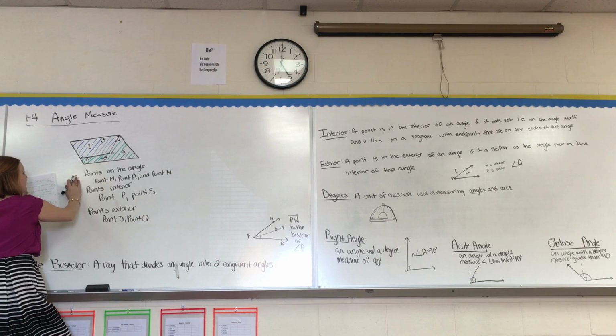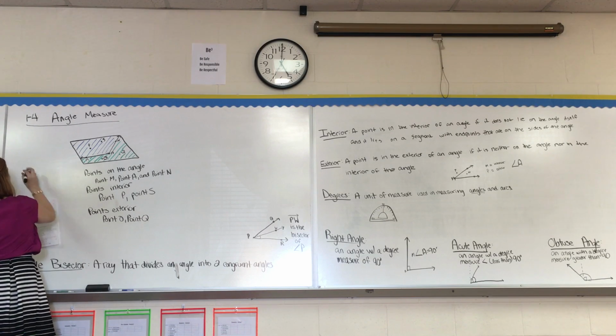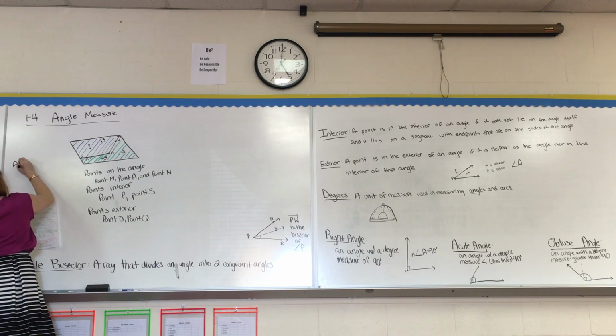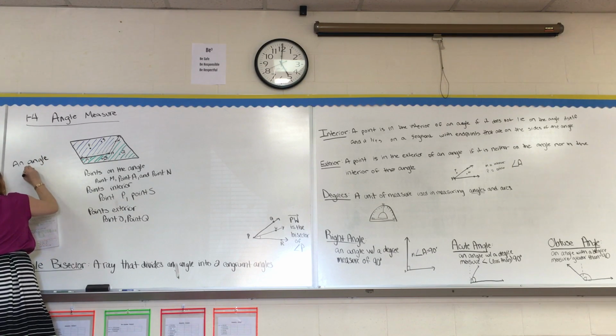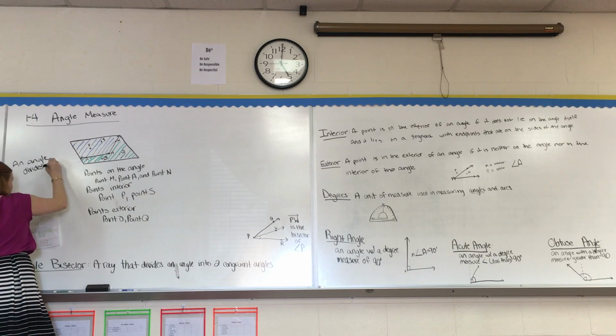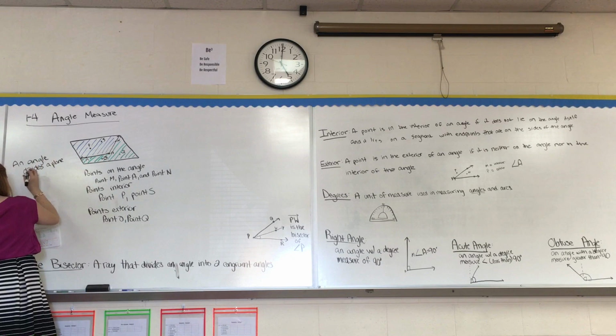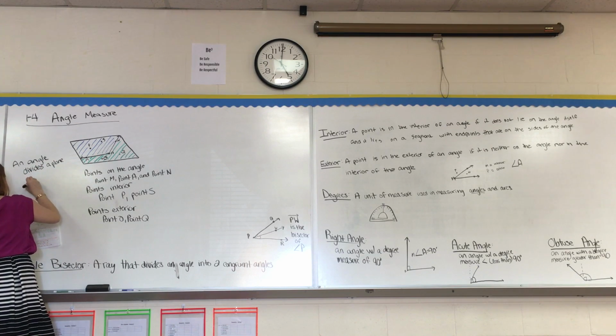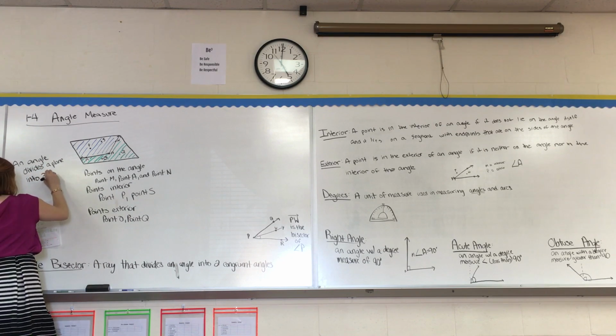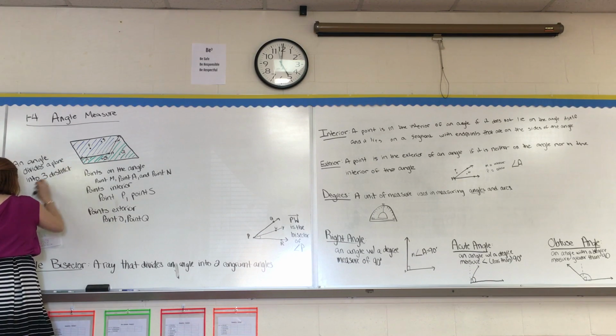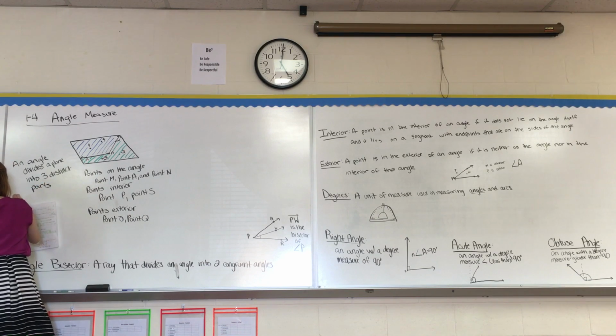So what do we see from this? We see that an angle divides a plane, that's what I drew right there, that's a plane, into three distinct parts. What are those parts, you might ask?